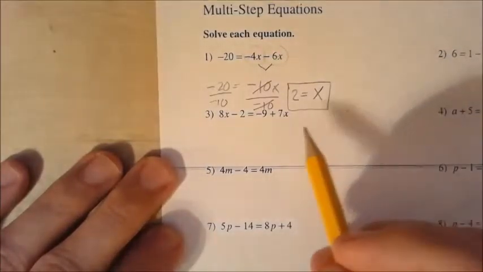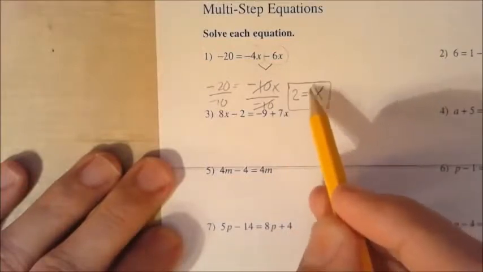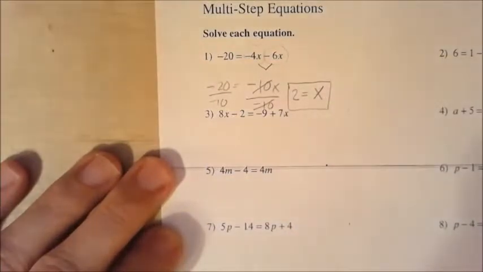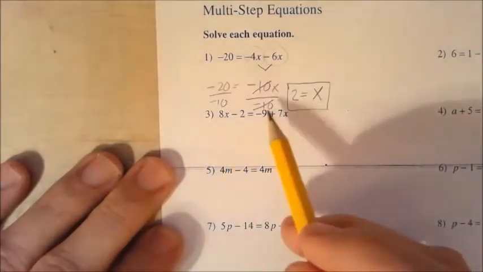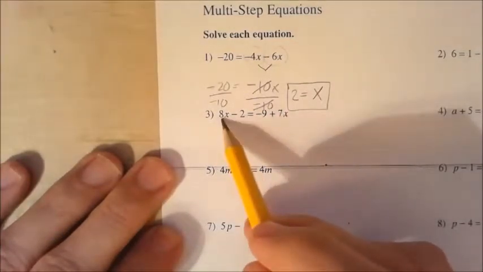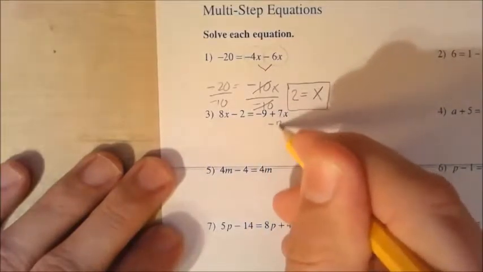Now what I like to do, you always want your variable to be positive. Notice this x is positive. In every problem we've done so far, the variable must be positive. So with that being said, I want to move my 7 over to this side, because if I subtract 7x from 8x, it leaves me with a positive x value. So I'm going to go ahead and do that.